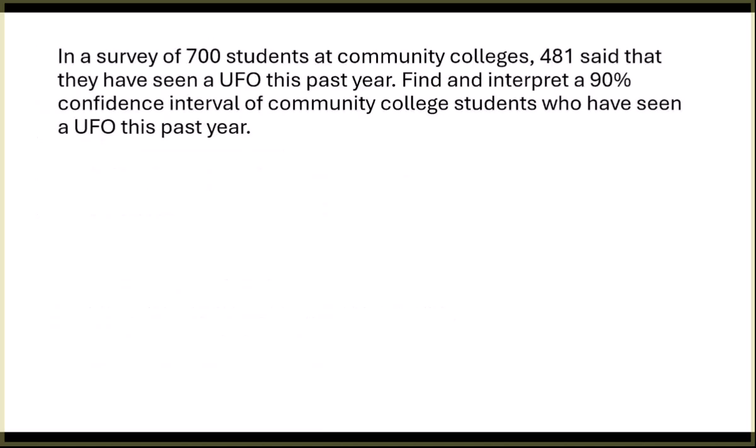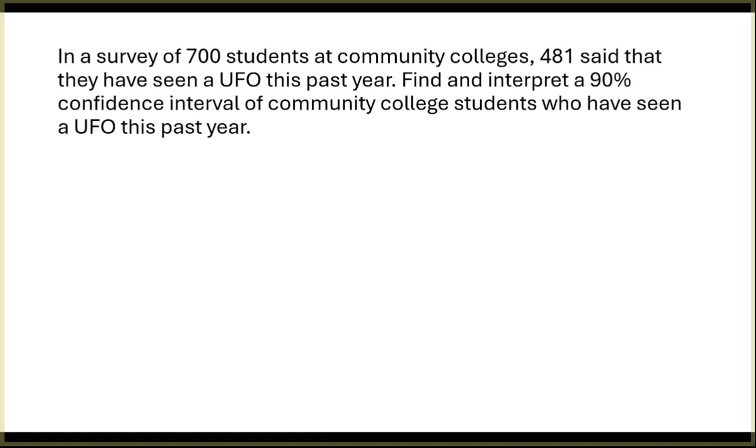Okay. Let's do one. So we've got a survey of 700 students at community colleges. This is community colleges in general. Out of those 700, 481 said that this past year they saw a UFO. Do what? We won't ask about their mental state at the time.